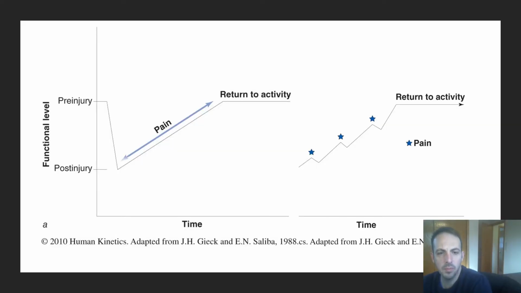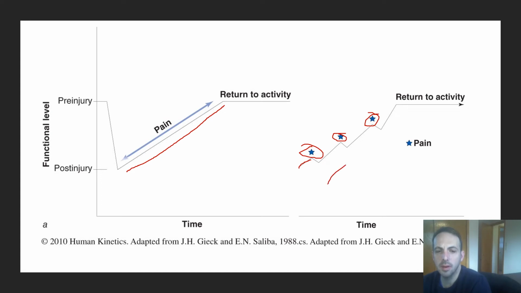And what we really need to be focusing on now is the idea that as time occurs, our functional level is increasing. In this case, pain is absent, and so we do not have any setbacks, as opposed to a stair-step manner where we have an overdone episode, an almost new injury that decreases our level of function, and then we go up through.